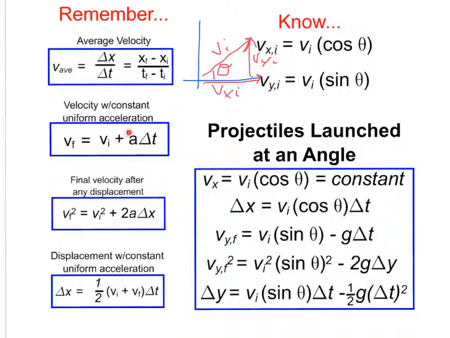Negative g is substituted for a, and then we have a delta t. Again, this is a combination of this kinematic equation plus this understanding from our trig formula. And last, I apologize again, I put the wrong equation in here. This is a displacement with constant uniform acceleration with a different unknown in it, and this in conjunction with this trig function yields this particular equation.